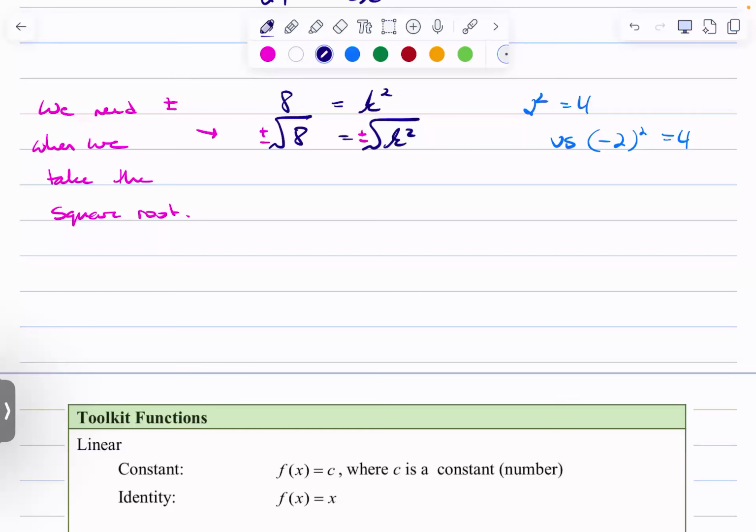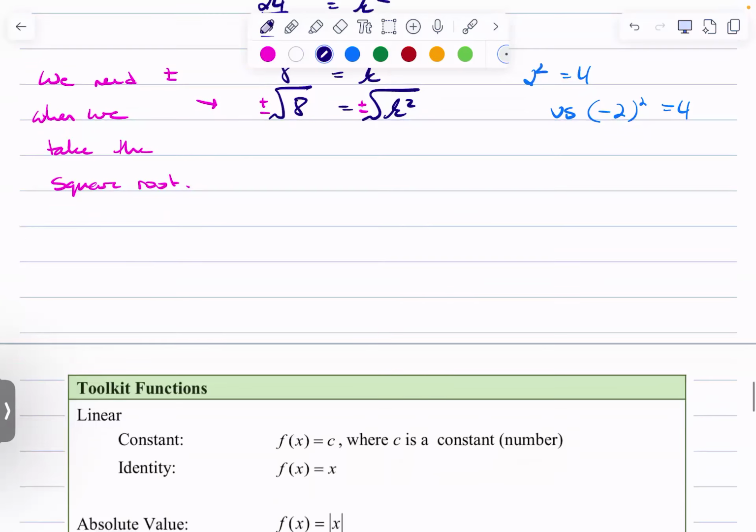So it simplifies to 2 root 2, which is the exact answer, same as the root of 8. And so here we get the root of 8. So the plus minus root of 8 is equal to k. We kind of dug away at that k, and the plus minus is being handled over here, so adding it here is kind of redundant. So we do have an answer for k.